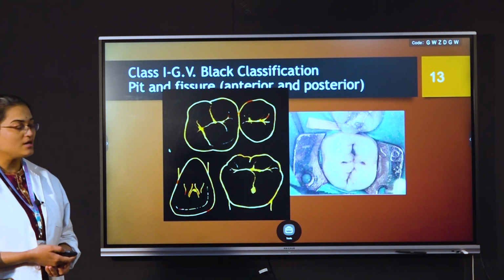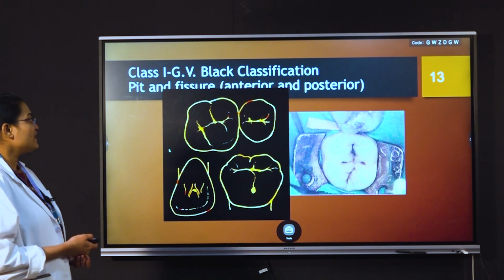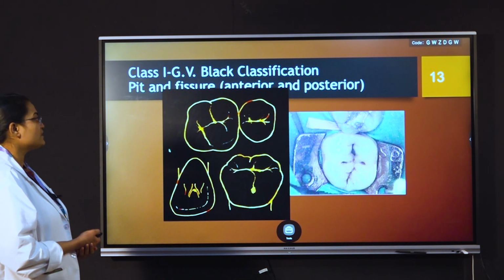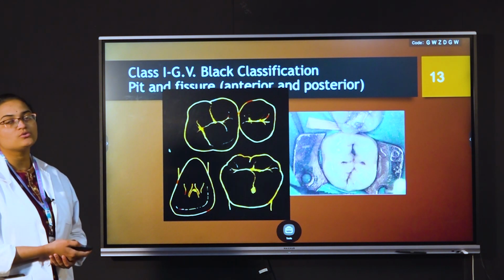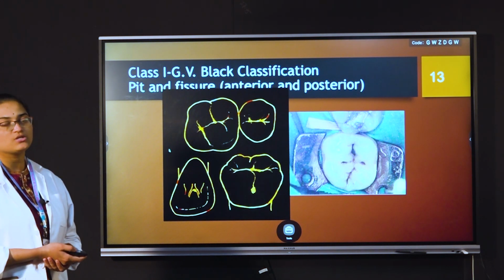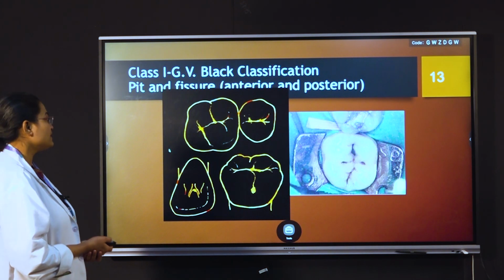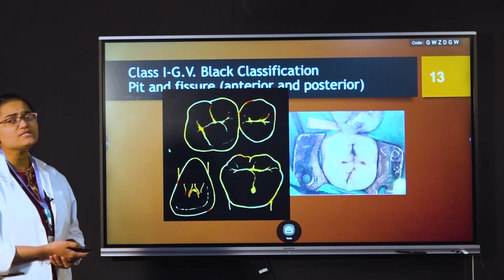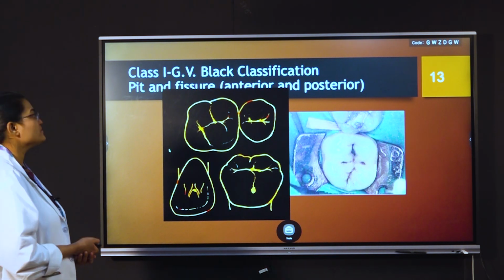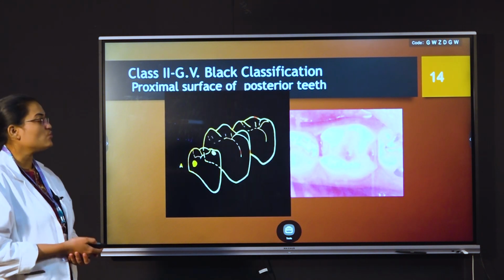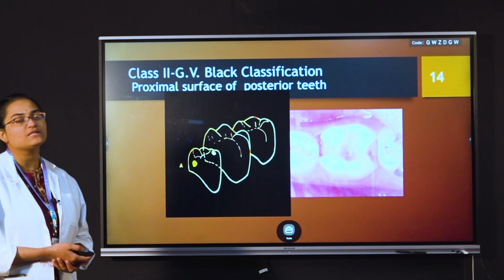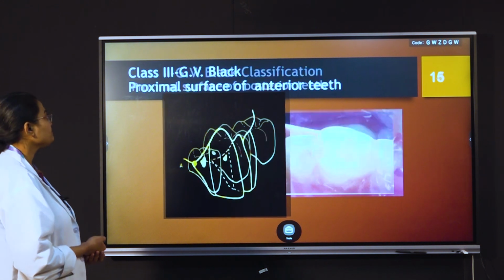Class 1 involves caries in the occlusal surfaces of the posterior teeth, or occlusal two-thirds of the facial or lingual surfaces of the posterior teeth, and also the lingual surface of the maxillary anteriors. Class 2 involves the proximal surfaces of the posterior teeth.